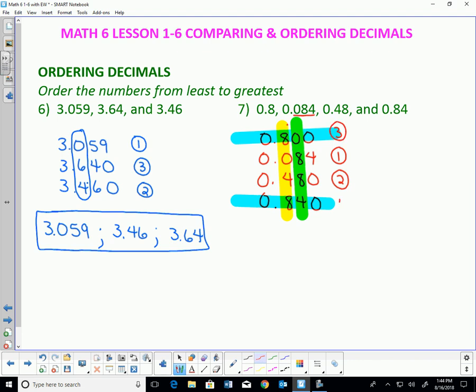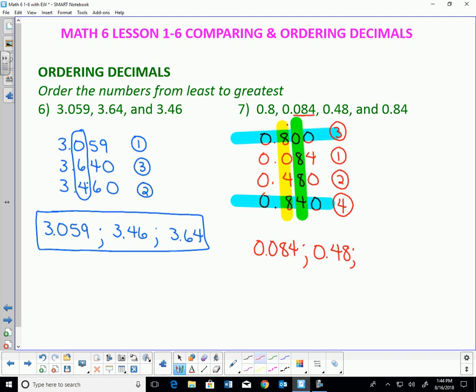So the order in which we would write these, 0.84 is my first number. My second largest number is 0. Yes, that's right. I just wrote it wrong. Let me rewrite this properly. 0.084. I forgot my first zero. That messed everything up. My second largest number is 0.48, and I leave my extra zero out because I only annexed that zero so I could compare the decimal places.